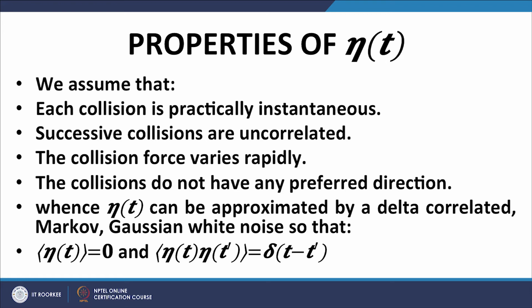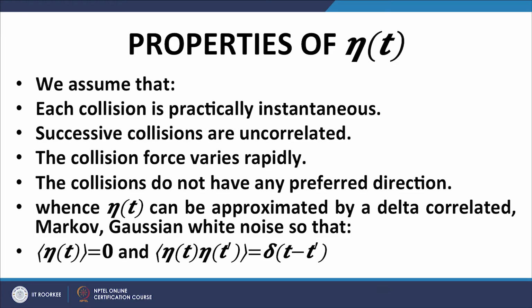Then we also assume that the force that results from the collision acts for a very short period of time and therefore varies very rapidly. Another important property is that the collisions do not have any preferred direction. In other words, the Brownian particle encounters a similar collision pattern when viewed from any point of reference in the 3-dimensional space.